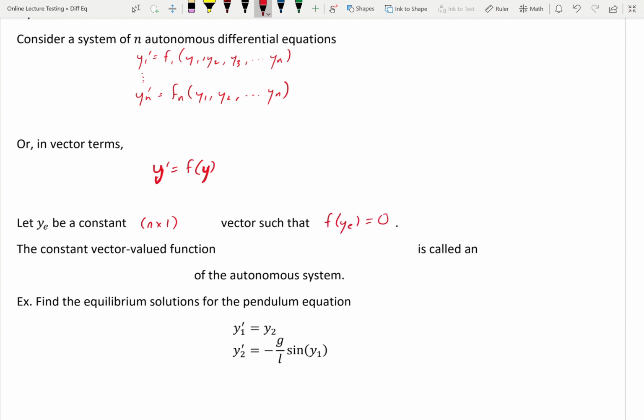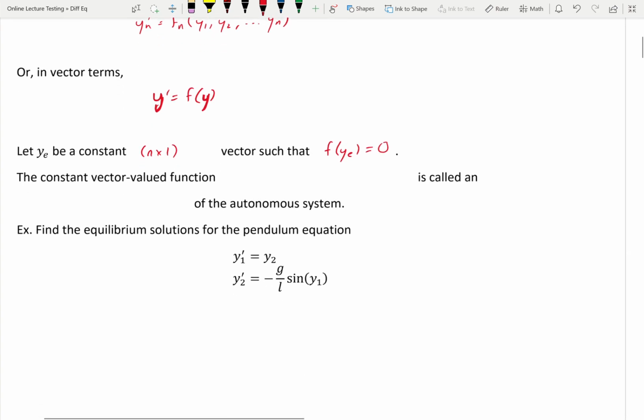So when we plug in this constant vector, we're going to get zeros as our solutions. That's what an equilibrium solution is: a constant vector valued function y of t, which is equal to y sub e, on the interval from negative infinity to infinity.